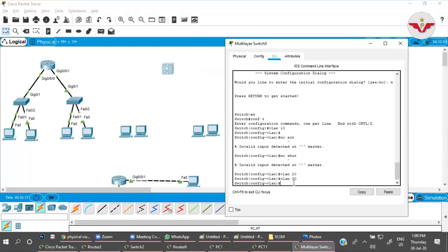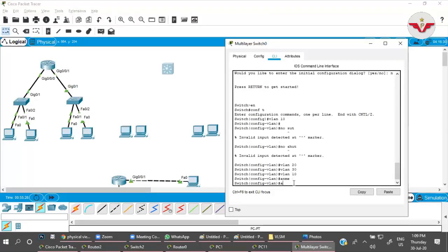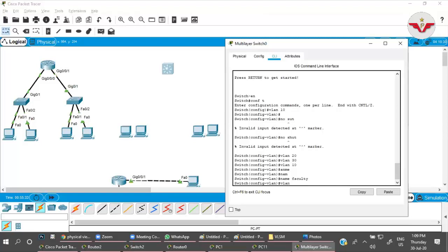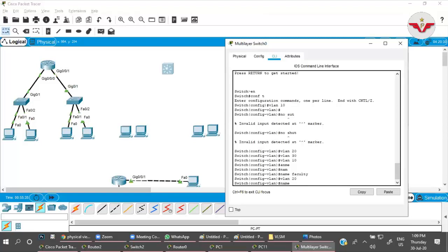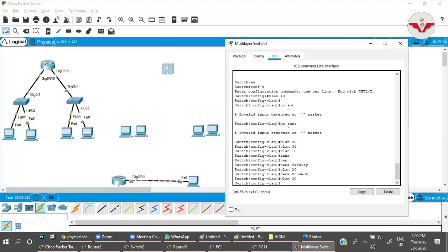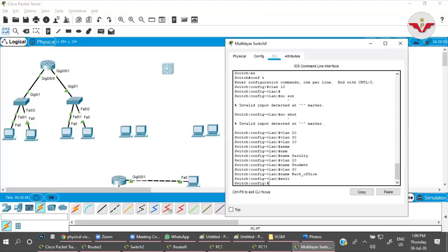If you want to give a name to those VLANs, you can give VLAN 10 name, say, faculty, VLAN 20 name student, VLAN 30 name back office. Okay, done. I have created 3 VLANs.